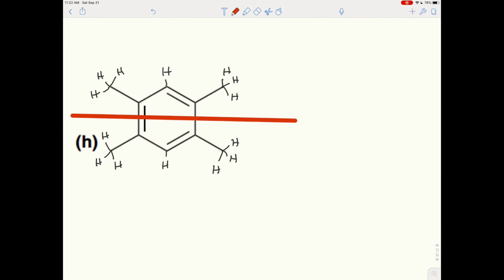If you draw a line here, you'll notice everything on the top mirrors something on the bottom. There's also a line of symmetry going up and down. If you'll notice, everything on the left mirrors something on the right, everything on the right mirrors something on the left. So let me use a different color for that. Okay, so there's our symmetry.